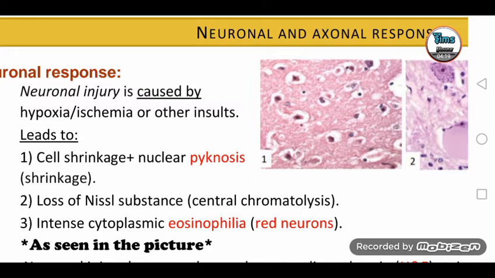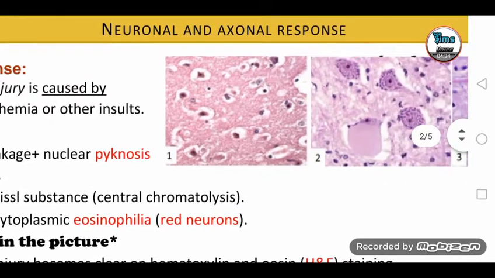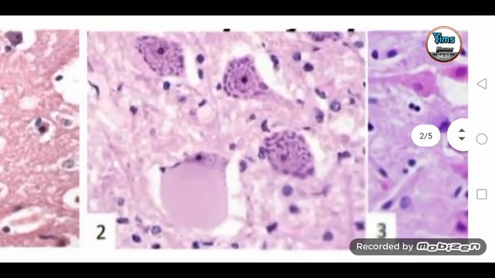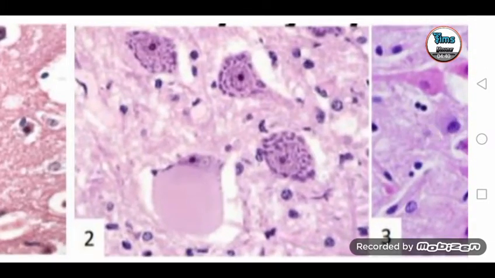Central chromatolysis means that the nucleus as well as the other contents of the neuron are going to be distributed at the peripheral side of the cell, as we can see in this second microscopic picture. So we have these neurons.